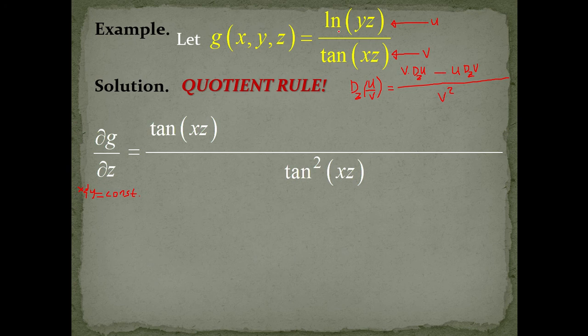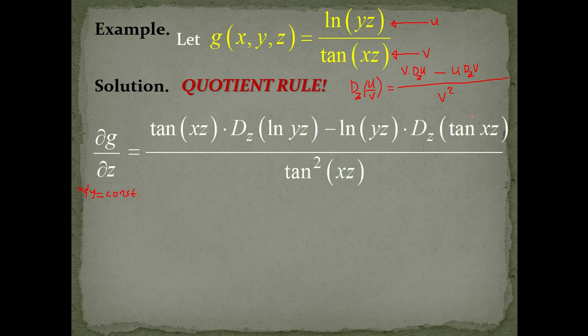So derivative of u, our u is ln, so that is 1 over, right? But we have to write it to make it step by step. So derivative of ln yz, then minus u, so this is our u, which is this one, times derivative of v.